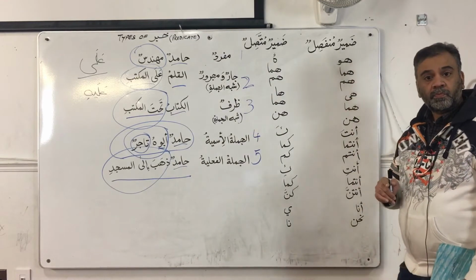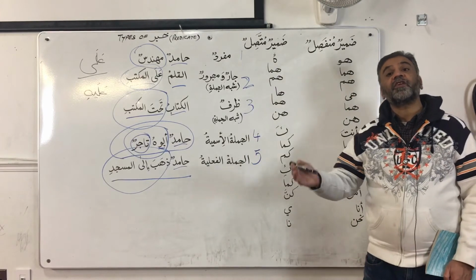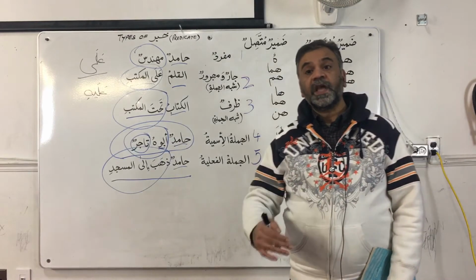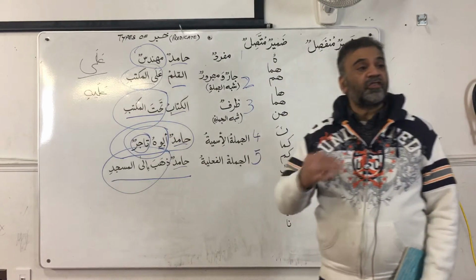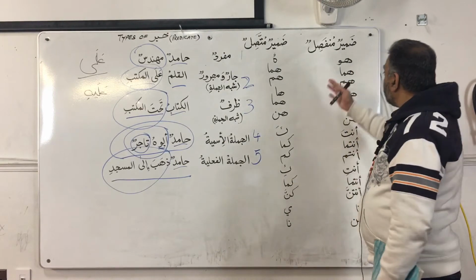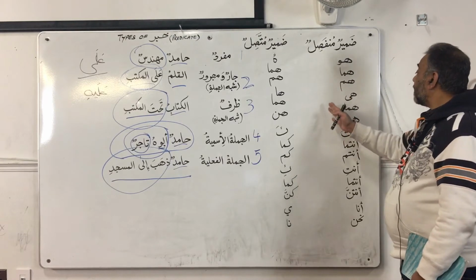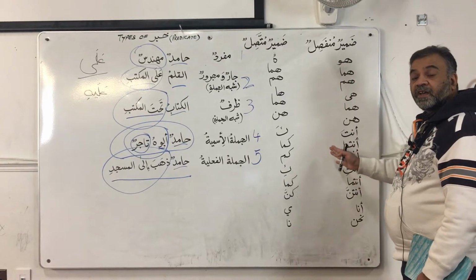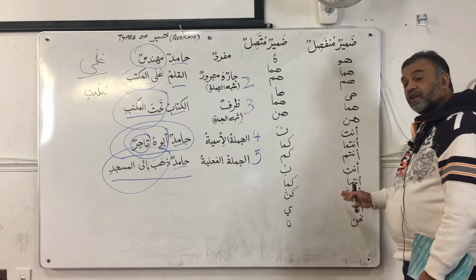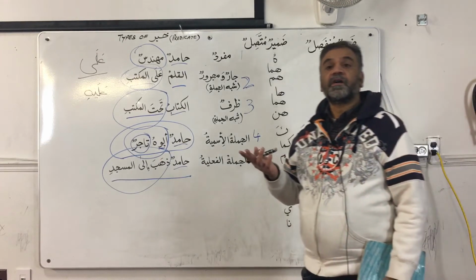If nasartu comes, I helped. Nasarna, we helped. So, let us conjugate this verb nasara. Nasara, nasara, nasaru, nasarat, nasarata, nasarna, nasarta, nasartuma, nasartum, nasarti, nasartuma, nasartunna, nasartu, nasarna.